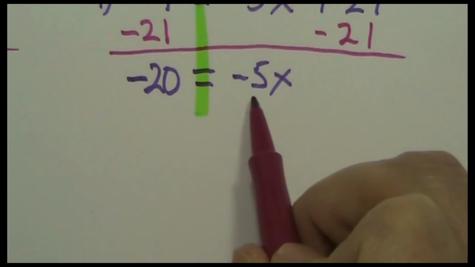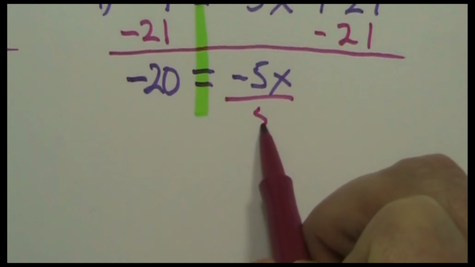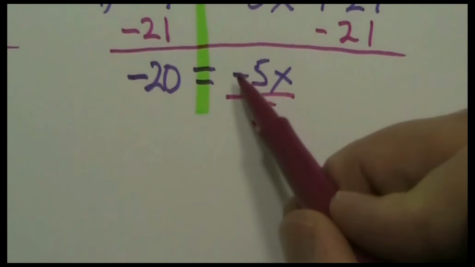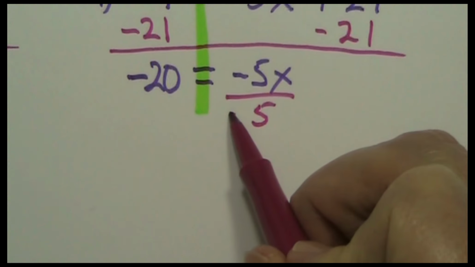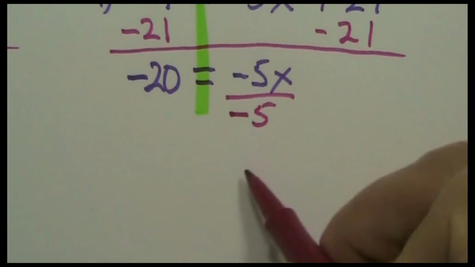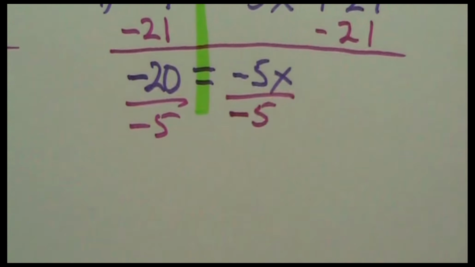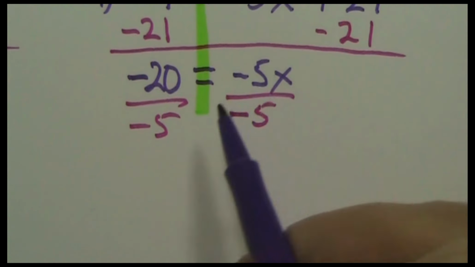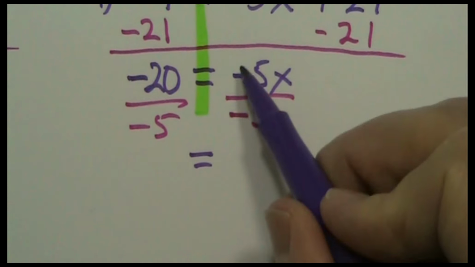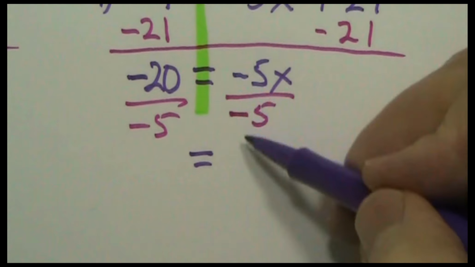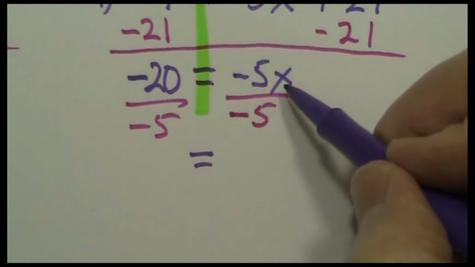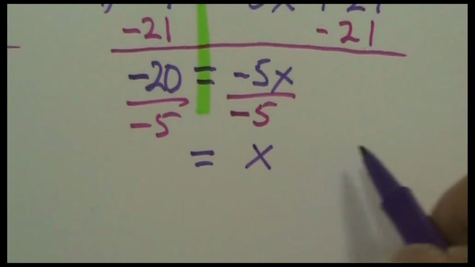It's times, so I divide. Now you need to use the same number. You're dividing by the same number because you want to make that a 1, positive 1. So this is 1. You see the negatives will cancel. 5 over 5 is 1. You're left with just 1x.